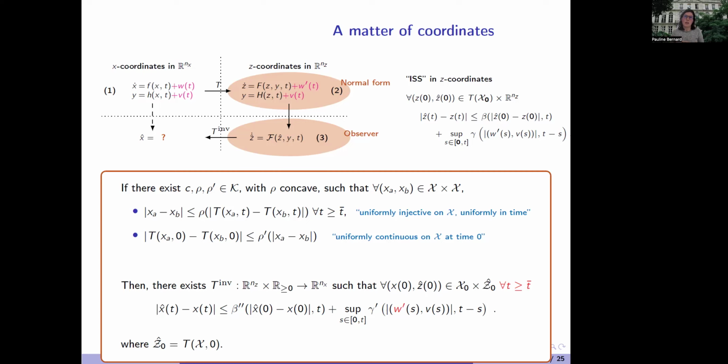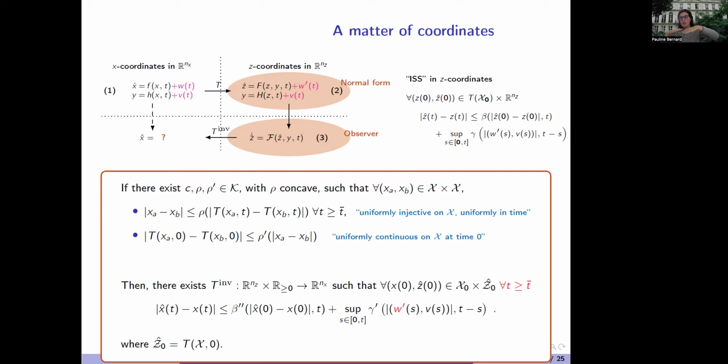And the reason is that, I didn't insist too much on that, but a peculiarity of nonlinear systems is that not only do you have a change of coordinates, but the space here that you obtain may be of larger dimension than the state in the initial coordinate. This means that the image, this space here, is just at best a manifold.